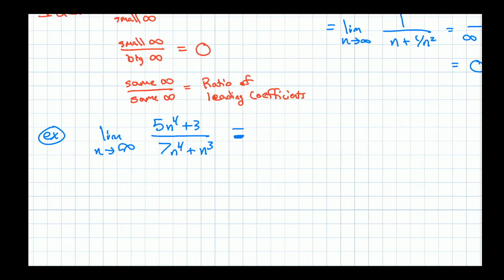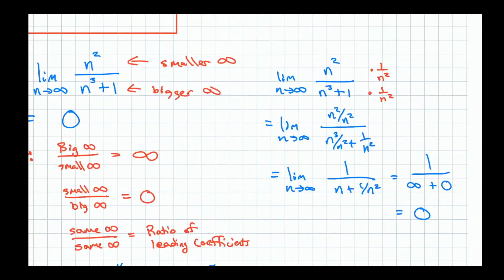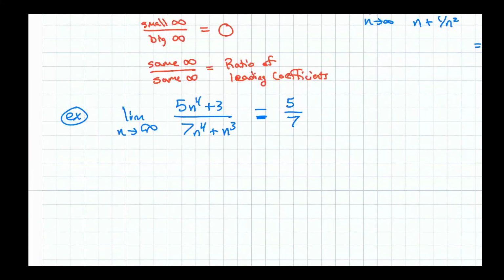Since they're both fourth powers and fourth powers are basically the same size, the limit here would actually be 5 over 7. And you could get that using the method that I used here, but I'm not going to. So that's the case where it's the same type of function on top and on bottom.